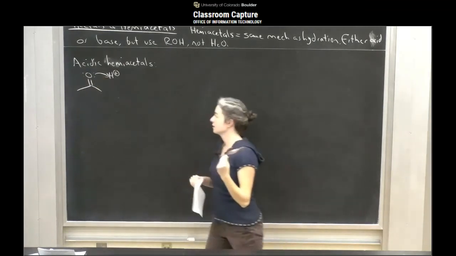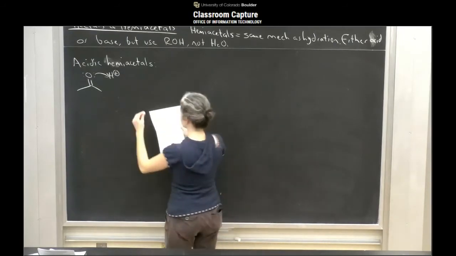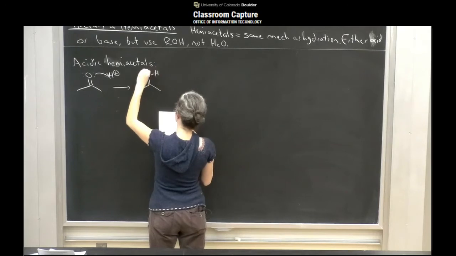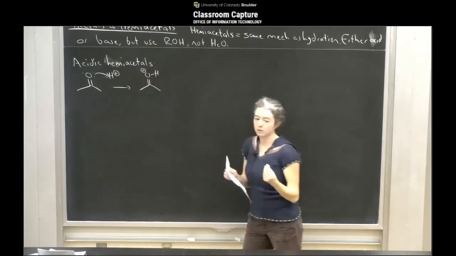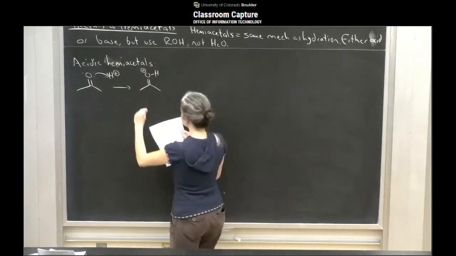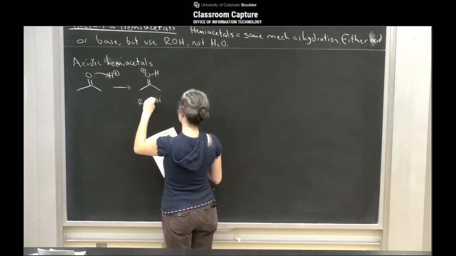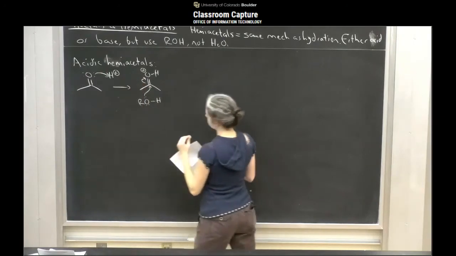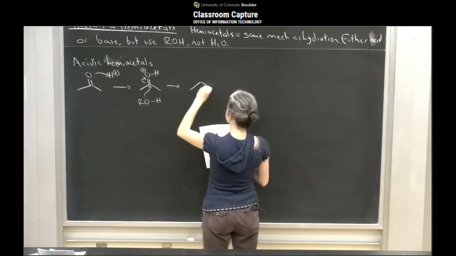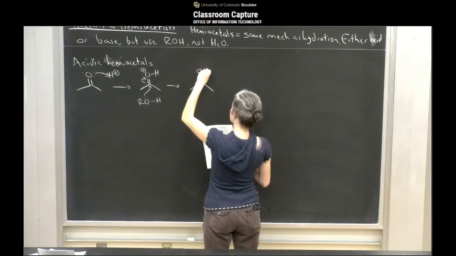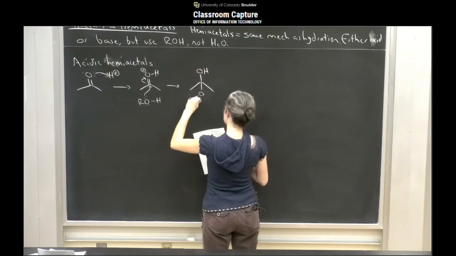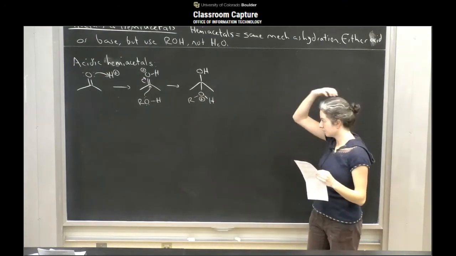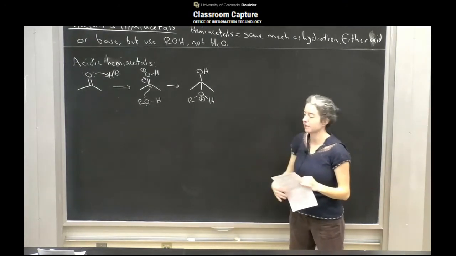we just got to stick a proton on there first, make the carbonyl more electrophilic. And now instead of water coming in, we're going to have ROH come for it. And then instead of H2O plus hanging off, we've got ROH plus hanging off.